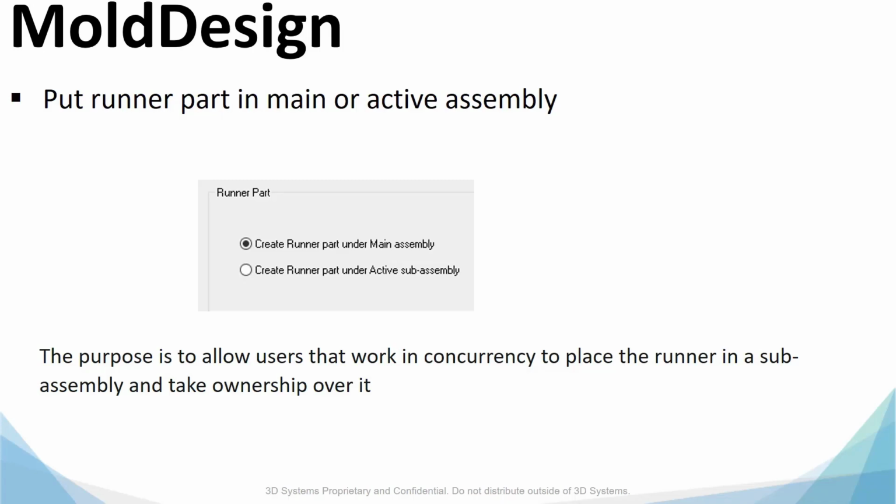The purpose is to allow users that work in concurrency to place the runner in a sub-assembly and take ownership over it. So instead of creating the runner under the main assembly, now we can create it under the movable or the fixed side, and if I work in concurrency, I can take ownership over the runner.